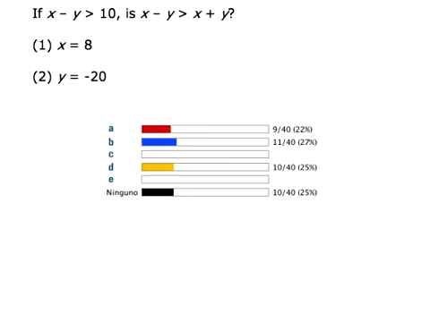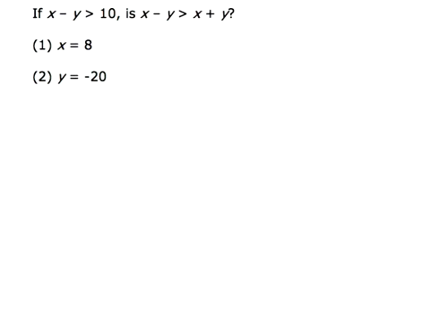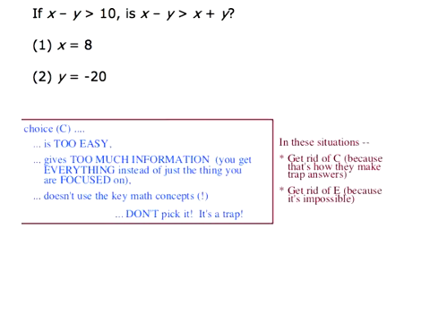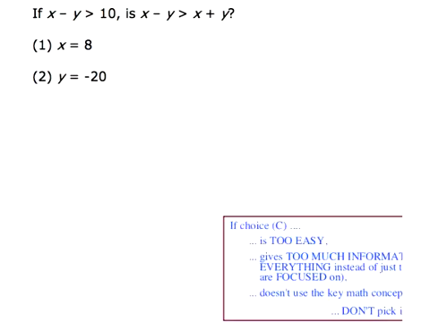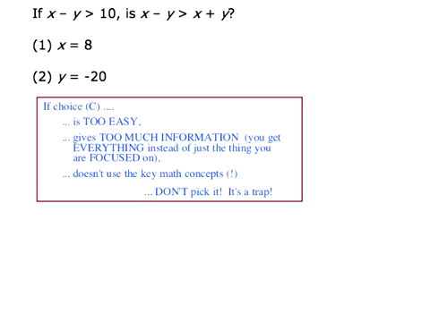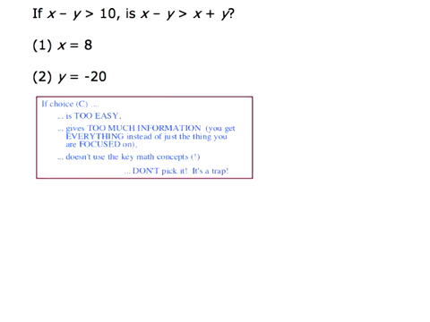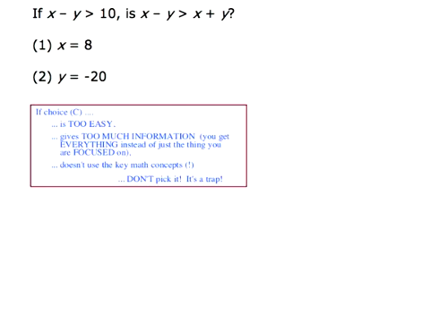But first, let's talk about this whole trap nature of the problem. If it is too easy, gives too much information, and doesn't use the key math concepts, well, let's see if this problem satisfies these things.